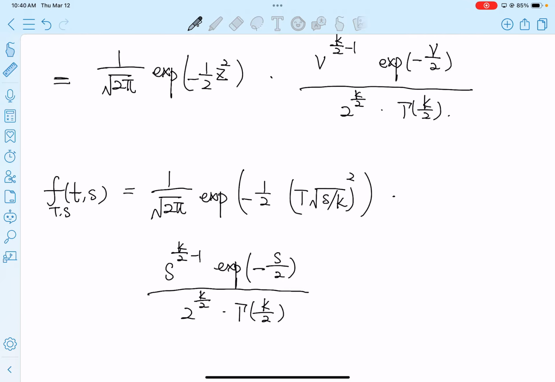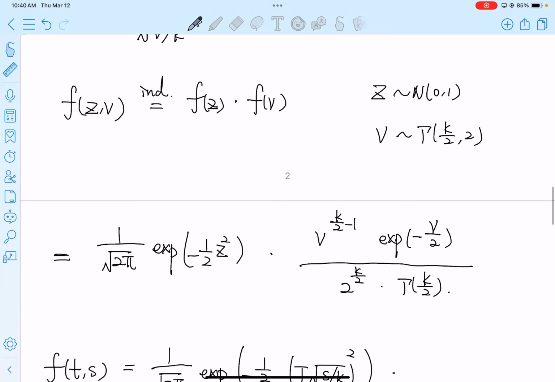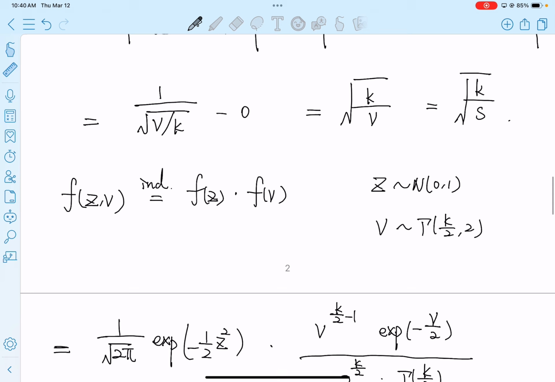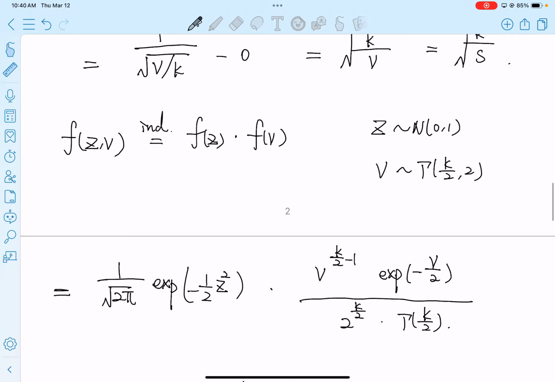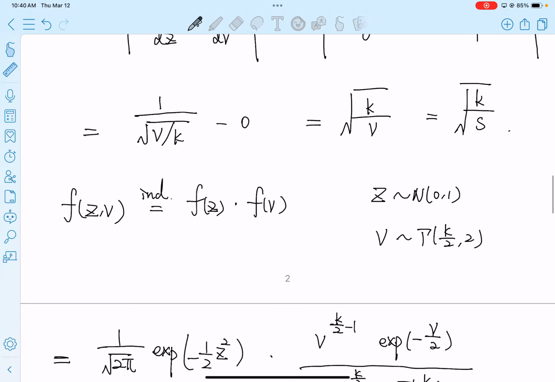Okay. Because we also need to use J2, so what formula should we use here? Should we use the one with the inverse or without the inverse? With the inverse? Yeah. Okay. So we need to use J2 with the inverse. J2 we calculated earlier is the square root of k over s.